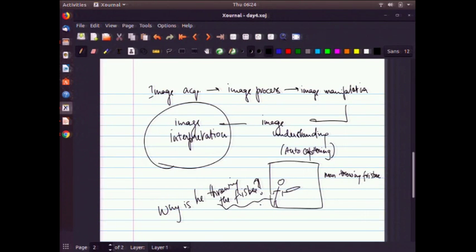So now you're asking a question like, why is he throwing the frisbee? Now this starts getting into grounds where we're not comfortable as researchers, because there may be a known reason. Only that person throwing the frisbee probably knows that reason.